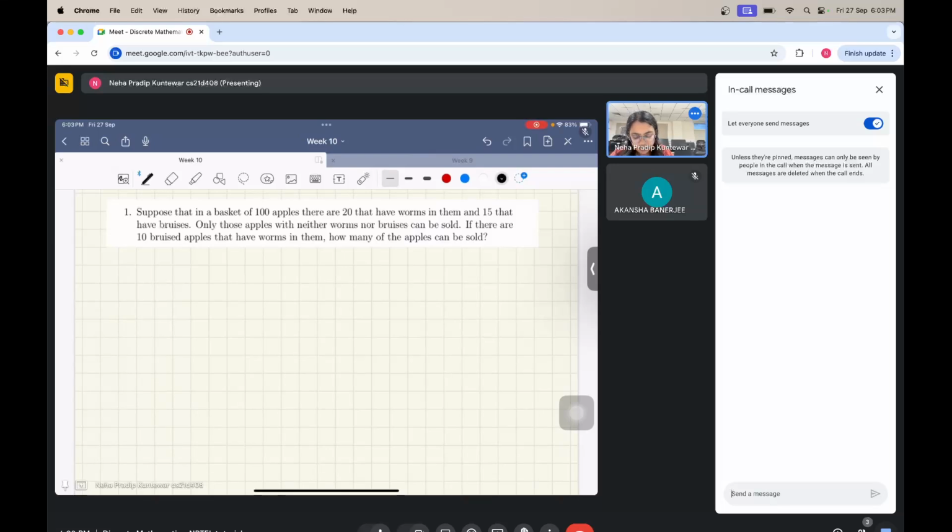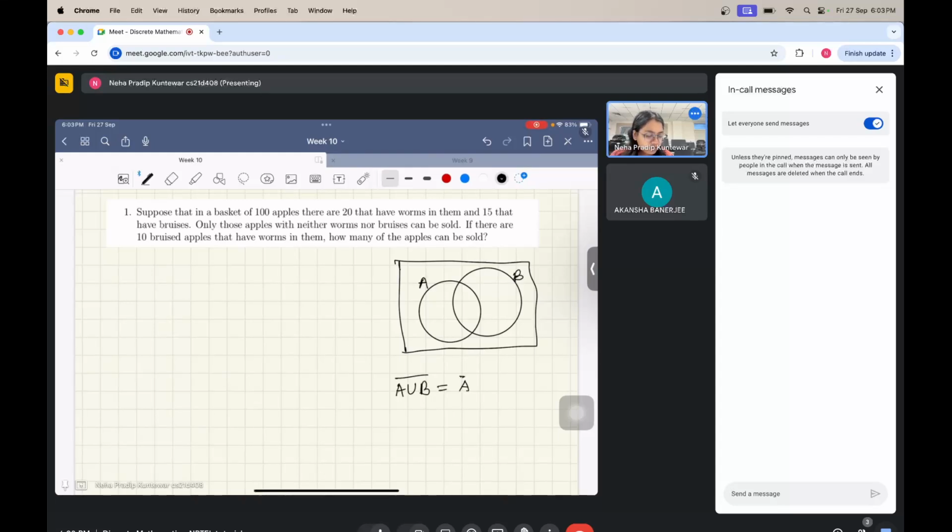Let's recall that you have this set A and set B, sitting inside some universe, and we know that the size of A union B is the size of A plus the size of B minus the size of the intersection of the sets.